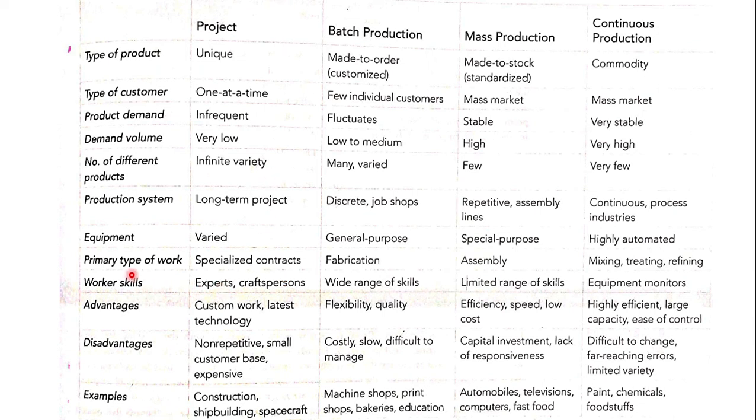For projects, the primary type of work is specified contracts, like the government gives specified contracts to L&T to make stations and airports. So that is a specified project. In batch production, it is fabrication. Mass production is assembly, and the primary type of work for continuous is refining, treating, mixing. So basically, in continuous production, you don't have to do much.